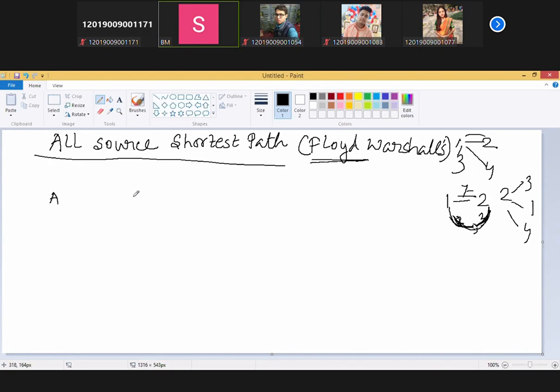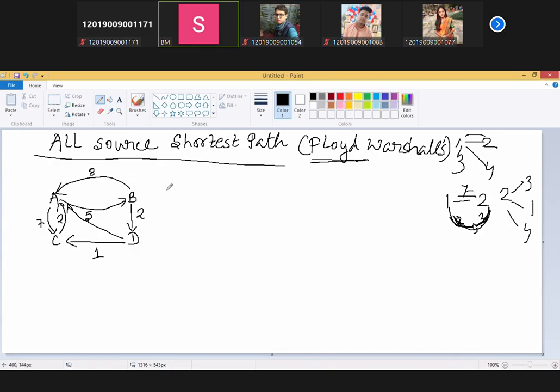Say this is your graph. If no connection exists, you take that as infinity initially, and for diagonals take 0.